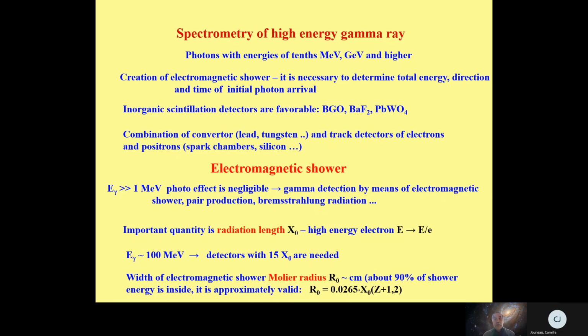And after that, because our gamma is of very high energy, the energy of this positron and electron should also be very high. In this case, the dominant interaction, which we will discuss next lecture, is radiation interaction.